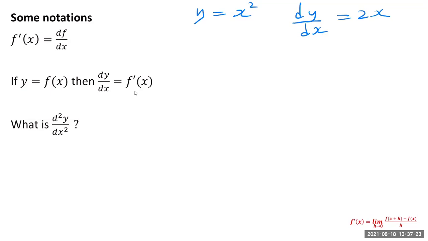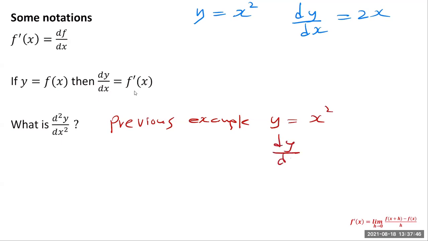Next, what do we mean by d squared y over dx squared? Let's look at the previous example. I know that if y is equal to x squared, then dy over dx, the derivative of that function, is 2x.